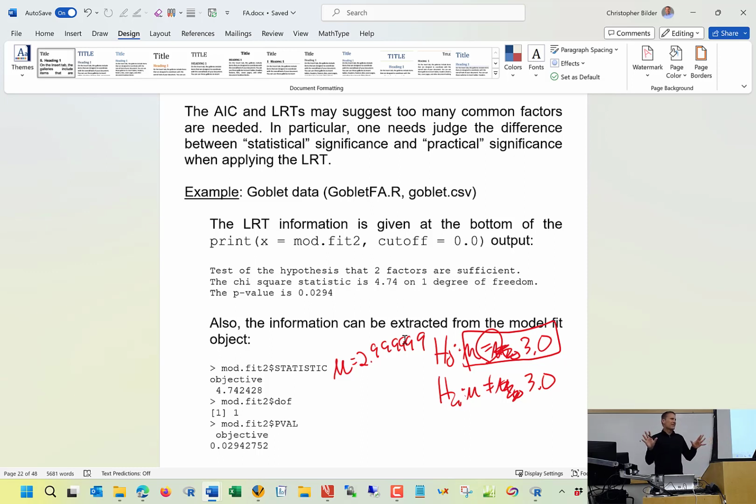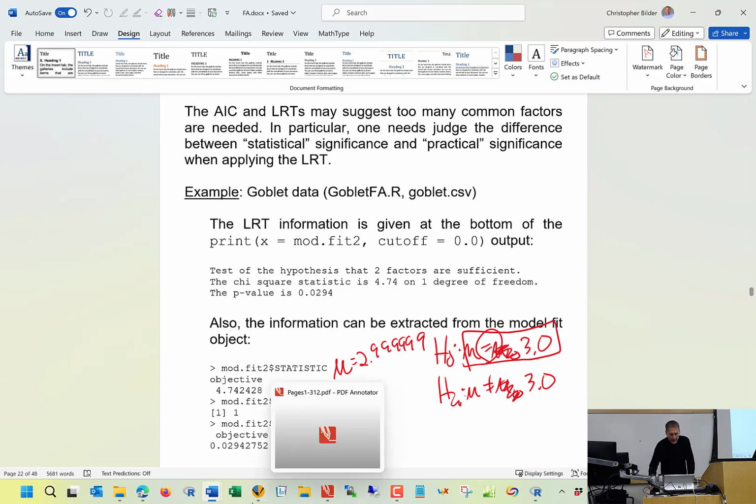I think this model does an adequate job still. And so even though the hypothesis says you need more common factors, I can go against it. So think of this likelihood ratio test as one tool in your toolbox for deciding how many common factors to use, but don't necessarily say I have to go exactly by that.